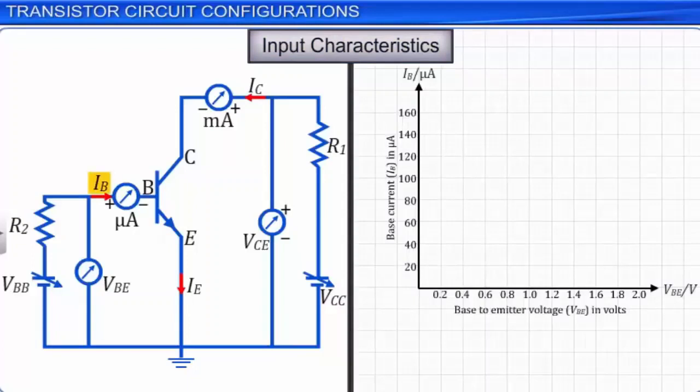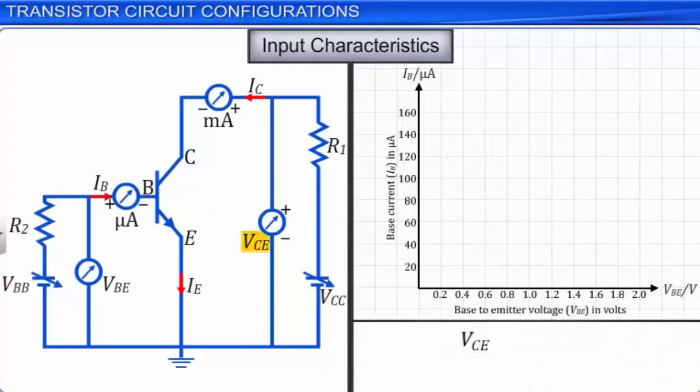The collector emitter voltage, VCE, is kept constant within the range of 3 volts to 20 volts to ensure that the collector base junction is reverse biased and the transistor is in active state. Since the collector emitter voltage, VCE, is the sum of the collector base voltage, VCB, and the base emitter voltage, VBE, and VBE is 0.6 volts for a silicon transistor, the collector emitter voltage is sufficiently larger than 0.6 volts.